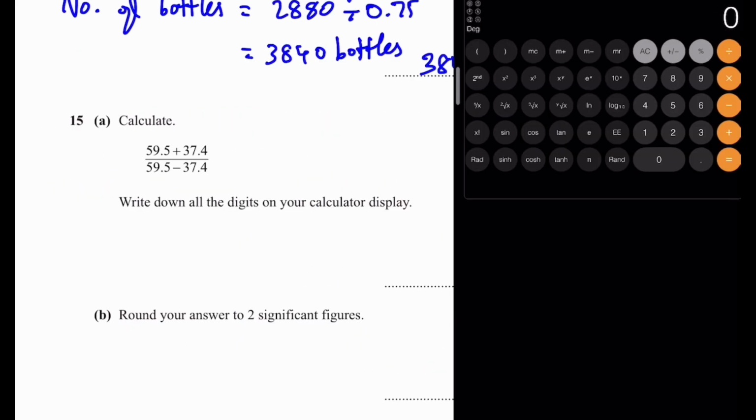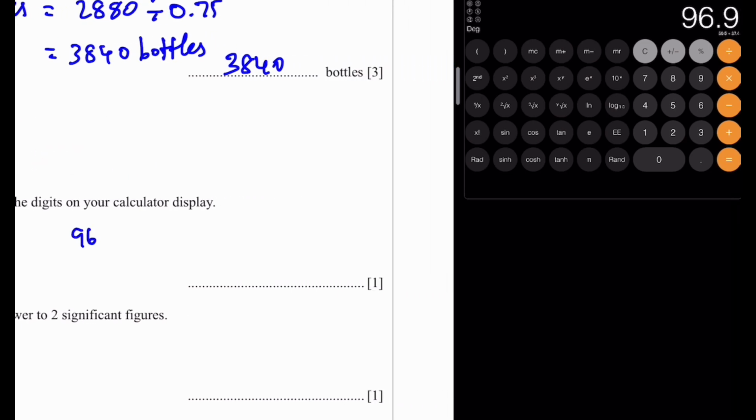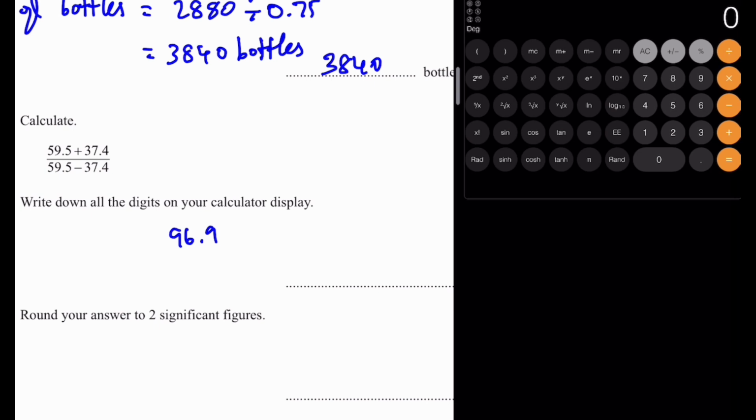Question 15a. Calculate 59.5 plus 37.4 by 59.5 minus 37.4. Write down all the digits on your calculator display. 59.5 plus 37.4 is equal to 96.9. And now 59.5 minus 37.4 is equal to 22.1.